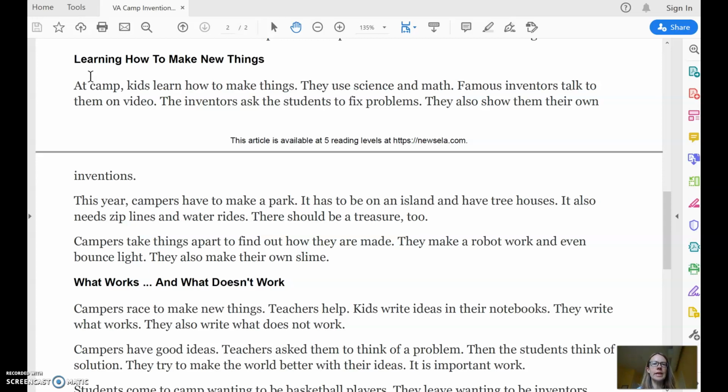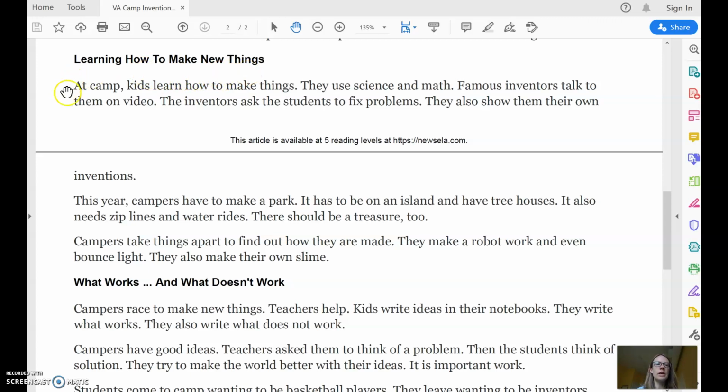Let's read the heading together. Learning how to make new things. The heading tells me what this section will be about. So I know that this part will be about how the kids make new things.